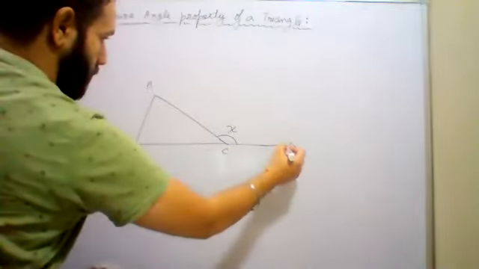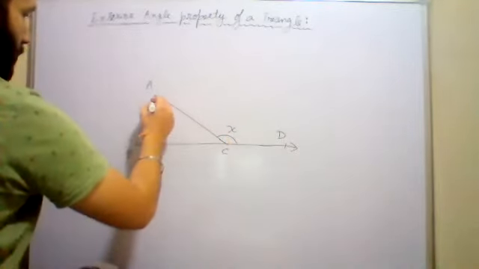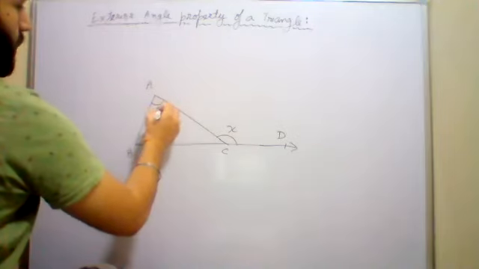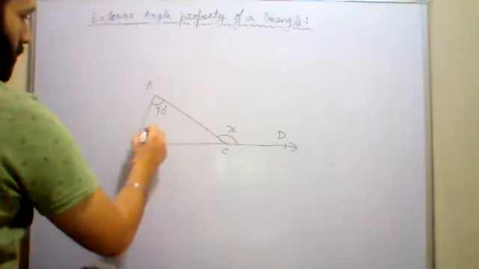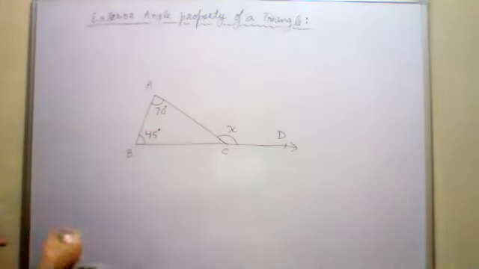ABC is a triangle. This is D. Side BC is produced. I'm telling you that this angle is 70 degrees. This is 45 degrees. What is the measure of angle x? What is the value of angle x?